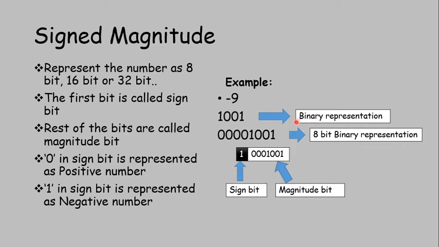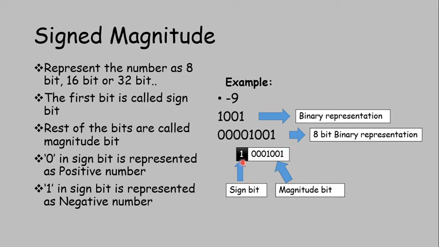Then, as per the rules, represent the number as 8 bit, 16 bit or 32 bit. I am converting 1001 to 8 bit, which will be 00001001. Four zeros are added before it because it is a 4 bit number.